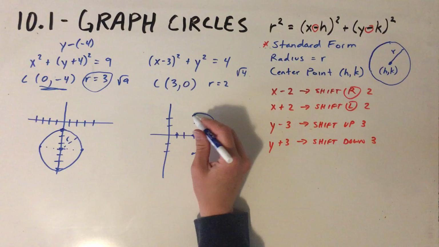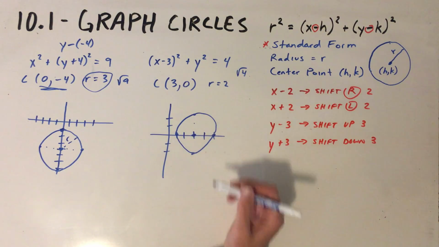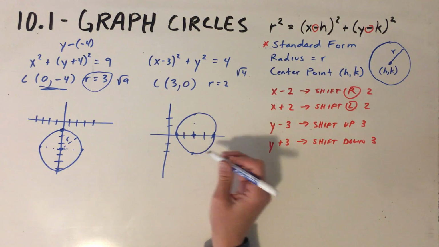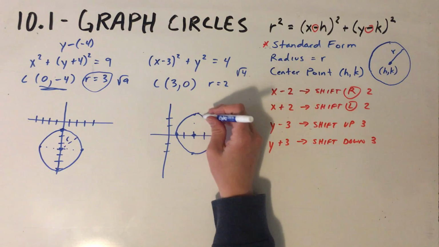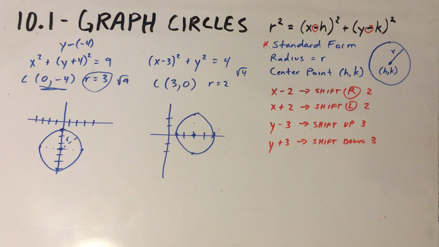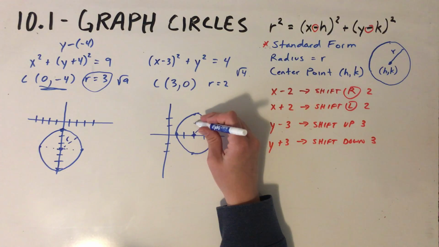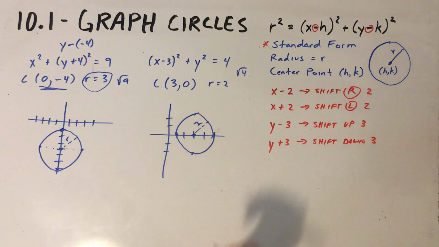So it will look something like this. That's kind of an ugly one, but yeah. All right, whatever. It's not going to get any better. Again, from the center point to the outside is a distance of 2, because that is our radius here.